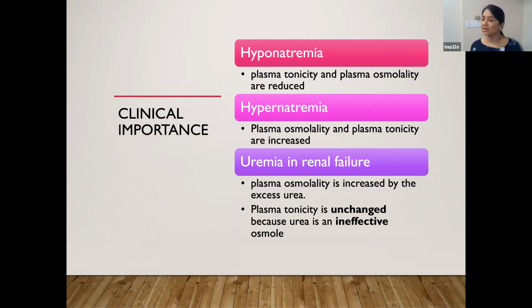Hypernatremia, same thing, osmolality and tonicity are high. In uremia, somebody comes in with BUN of 200, if you calculate, it seems like, oh, plasma osmolality is high. Now, you want to dialyze them, can you just wash out all that urea? Yes, you can, but would they be okay afterwards? Not really, right? We always worry about disequilibrium because urea just passes. And then what happens is during that time, your tonicity, you want to maintain that, because if you don't maintain it, then brain edema occurs, right?